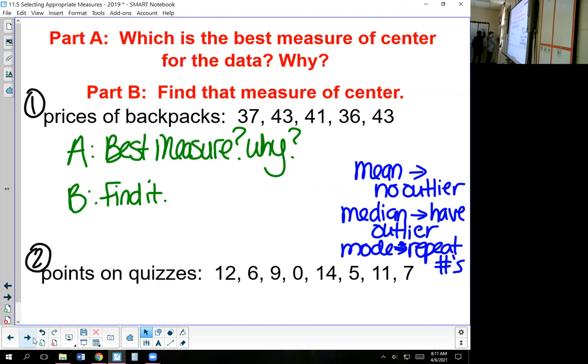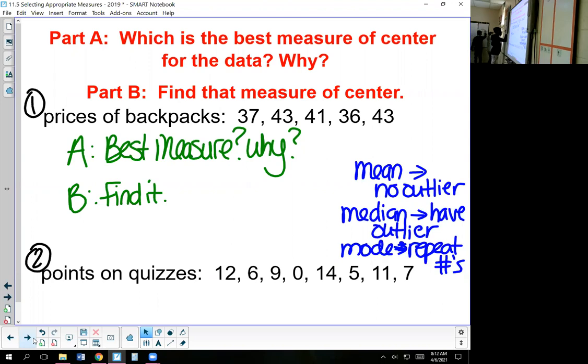Mean, median, mode, and then why? And then all you have to do is find that answer. If you found what you're saying is mode, then you write the mode. Now you have the median. Mode's the number that repeats the most, right?